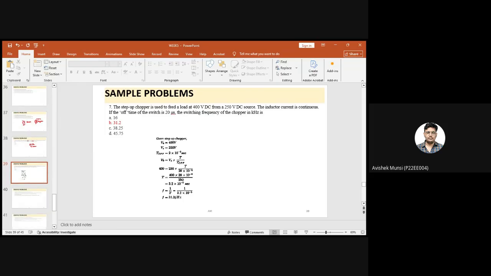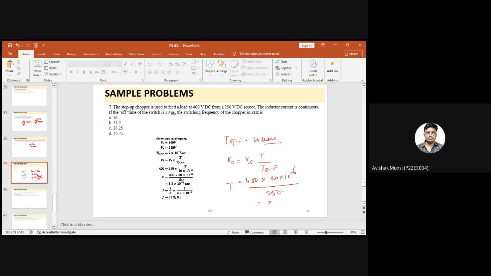Fine. So if we solve it, the T off time is given as 20 microseconds. In case of a step up chopper, Vo is equal to Vs T by T off, so 400 into 20 into 10 to the minus 6, divided by 250.